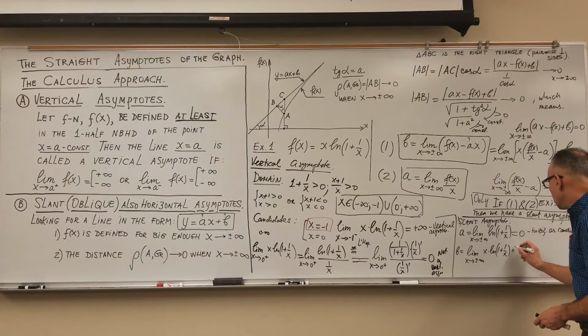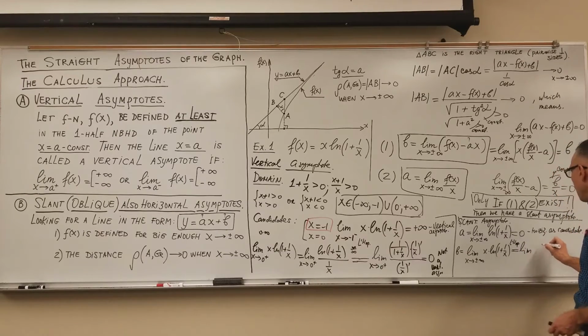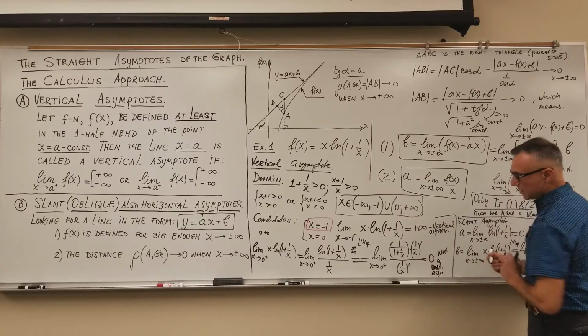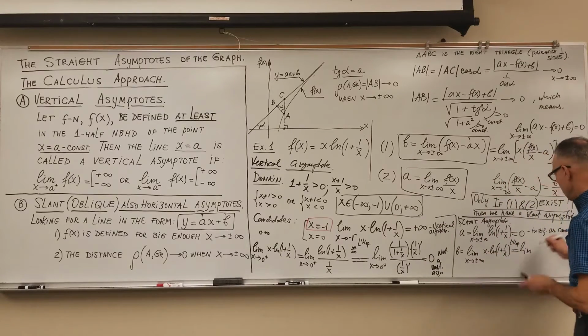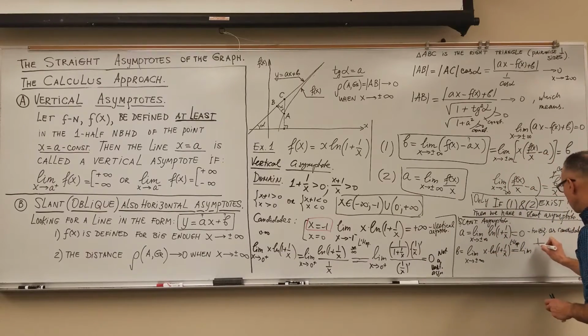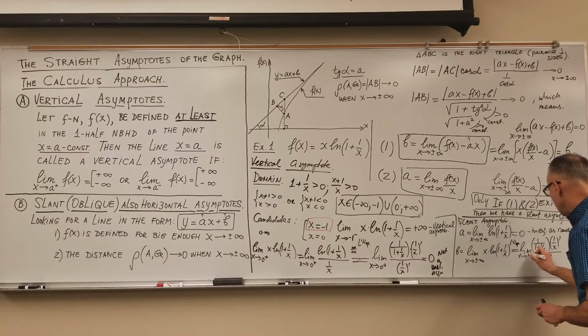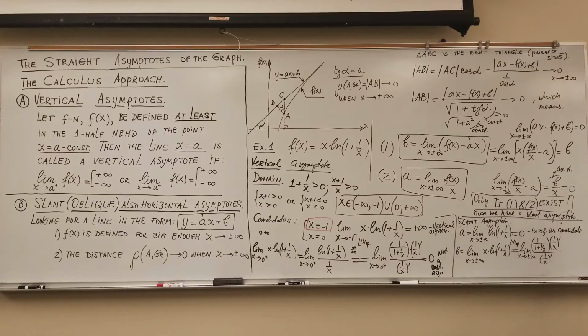And again, L'Hopital's will give me exactly the same thing here. So I can just write 1 over 1 plus 1 over x, times the derivative of 1 over x, over the derivative of 1 over x, as x goes to either plus or minus infinity. They reduce the fraction, those derivatives of 1 over x, and I just need to consider that.